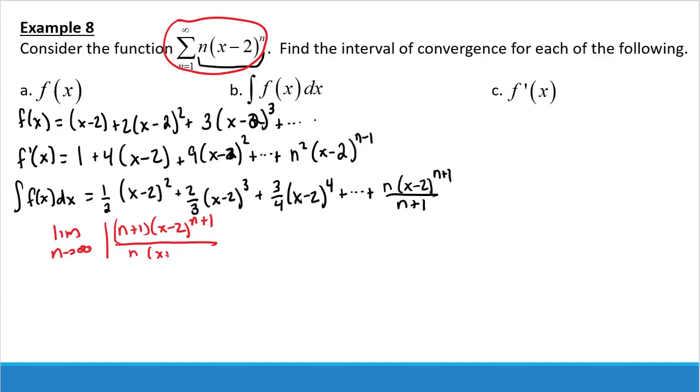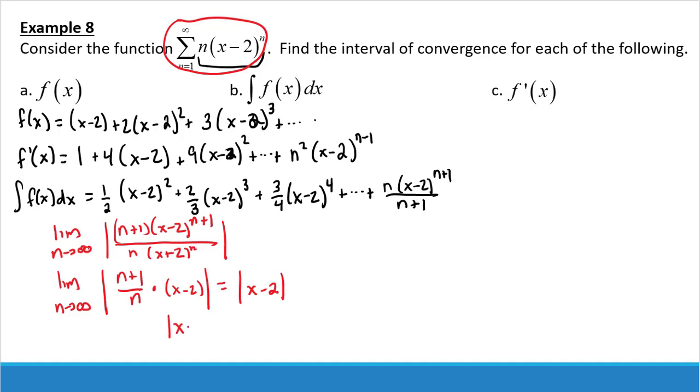This simplifies to n plus 1 over n times the quantity x minus 2. Taking that whole limit equals the absolute value of x minus 2. Remember, for that limit to converge by our ratio test, this has to be less than 1. So therefore, -1 less than x minus 2 less than 1. If I add 2, we get this to be our interval of convergence.